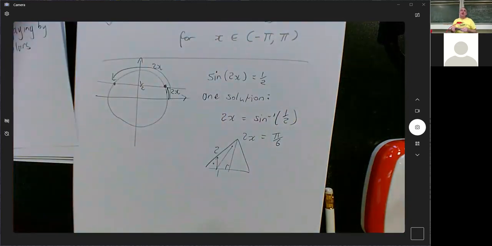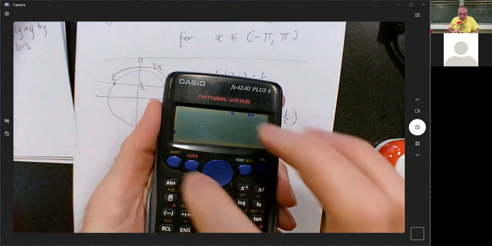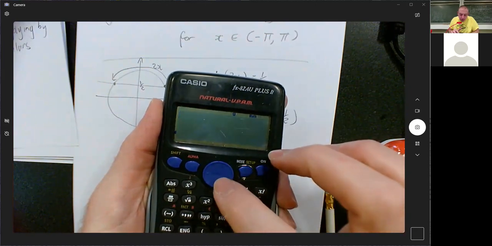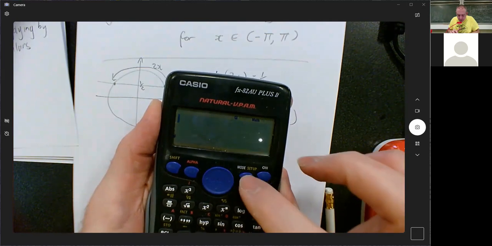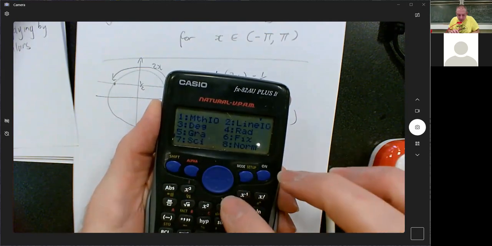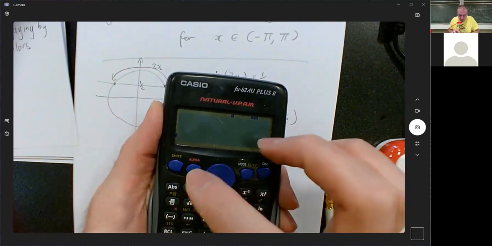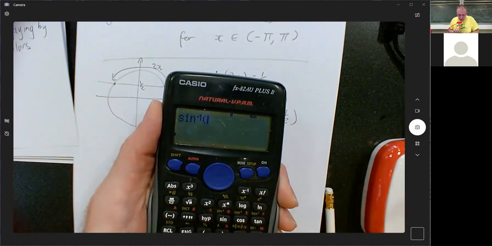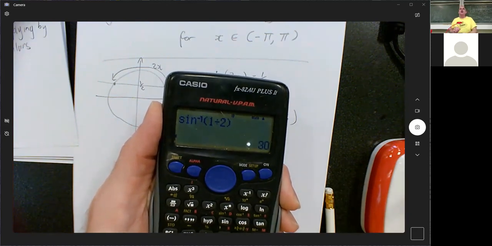I could also ask my calculator. It's in radians. I'm just going to put it in degrees because the classic angles are in degrees. Okay, so sine inverse of 1/2 is 30 degrees, which is pi on 6.